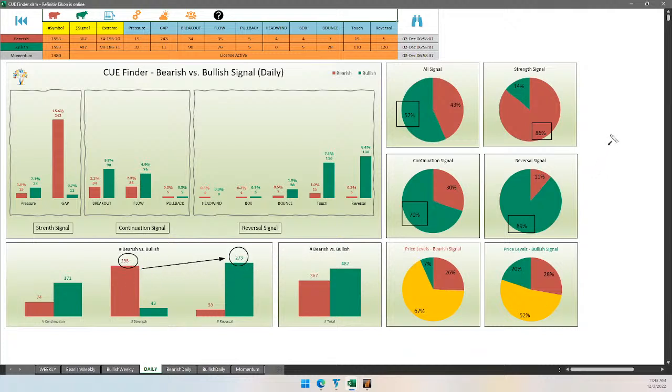That means that in this case, bearish strength followed by bullish reversal, they turned out to be bullish. Large number of gap down open, but large number of reversals. That is a bullish pattern. So Friday's pattern is also bullish.